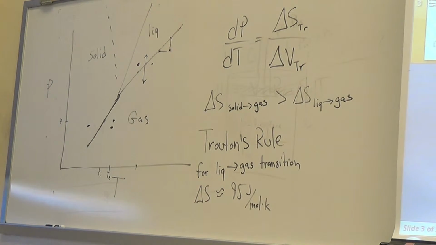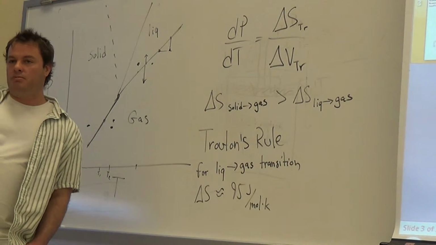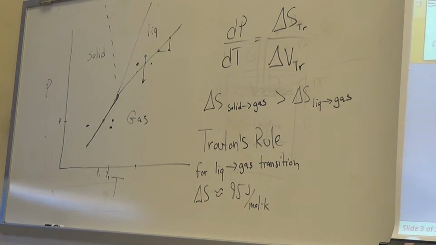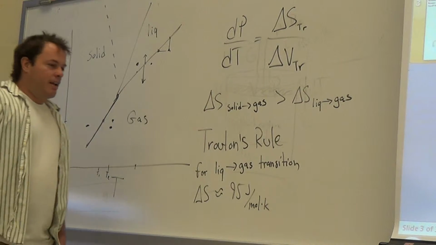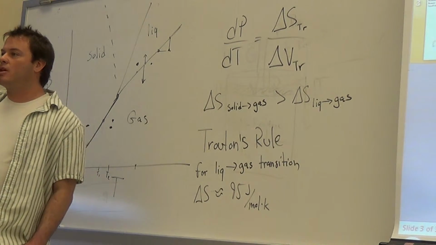It's 90, 95, it says something like that. I encourage you guys to read the chapter. 85. Yeah, depending on what book you pick up, they'll list different values for Trouton's rule. That's why I wrote 95. One book I have says 90, the other one says 85. I think I went out on a limb by saying 95.